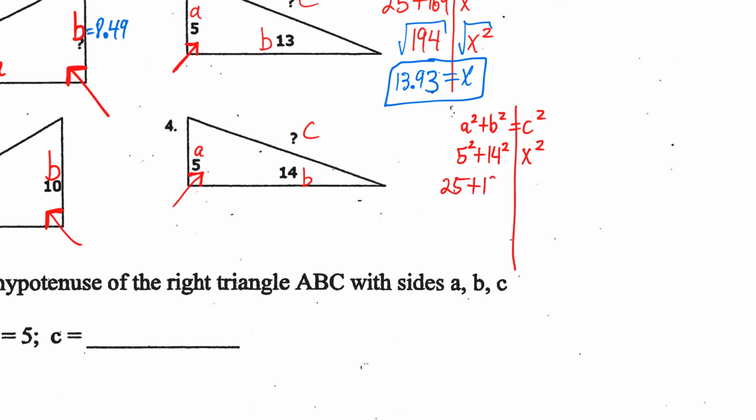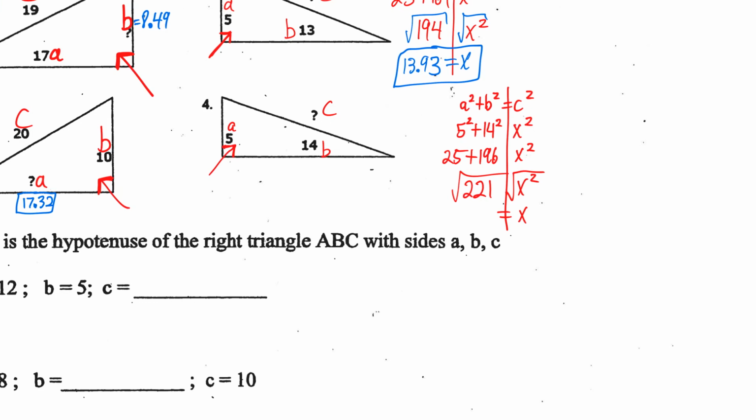So that's 25 plus 196, 221 equals x squared. A little bit less than 15. 14.87.